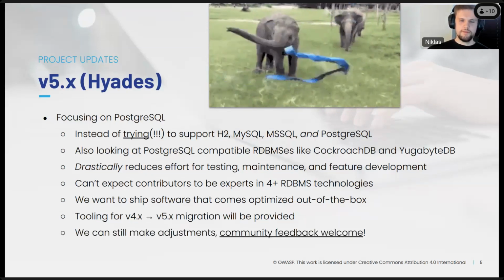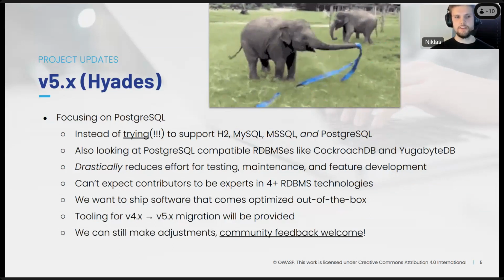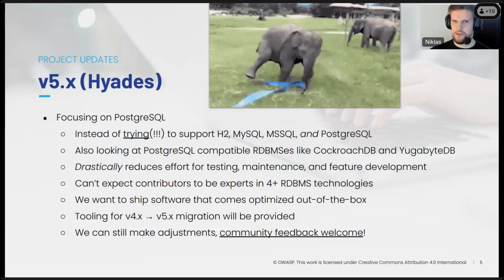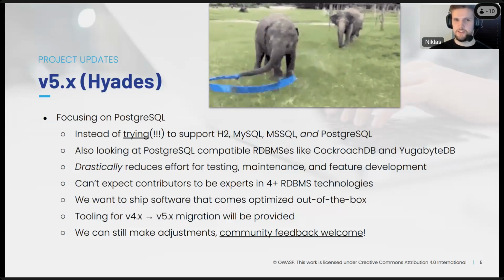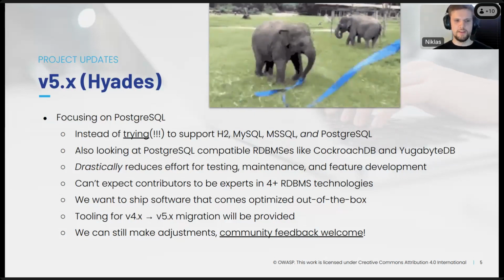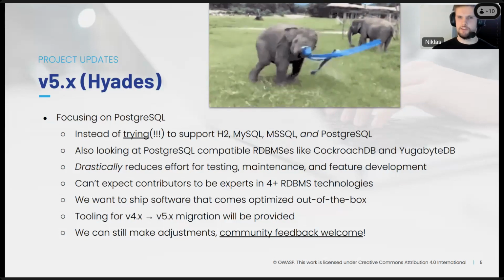Also, if for some reason there are folks out there who say we cannot run Postgres, it's not possible for us, but we really want to use Dependency-Track, please do let us know. We are still at a point where we can make adjustments. And if there's really a demand for, say, supporting MySQL, we can still make that happen.